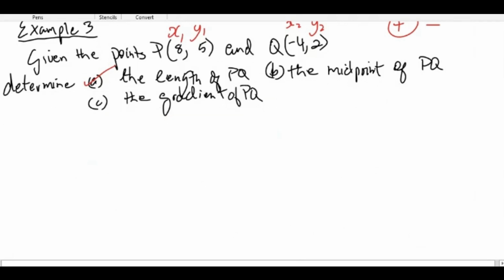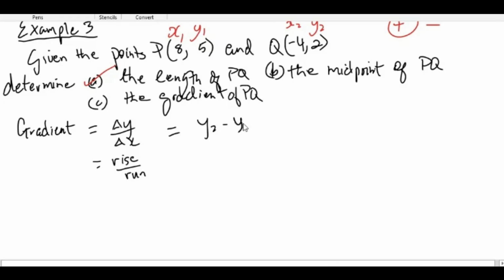I'm going to find the gradient. And the gradient is found by doing the same thing I said, changing y over changing x, which we call rise over run. We'll do that next class. But the formula given is y2 minus y1, as in the change in y, over the change in x, which would be x2 minus x1.